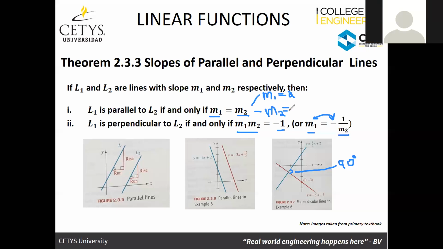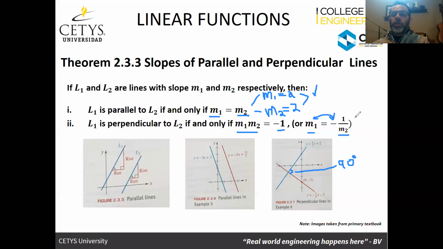If 4? The line, excuse me? 4? No, what does this say here? It has to be 2 for it to be parallel. Exactly. For them to be parallel, the two slopes have to be identical. That means that these are parallel.